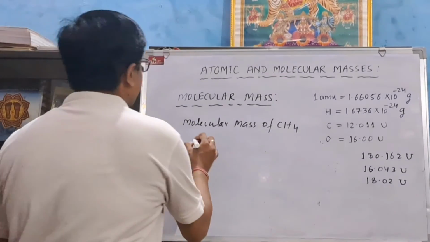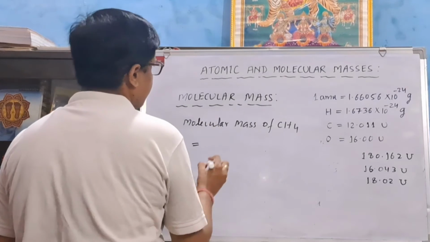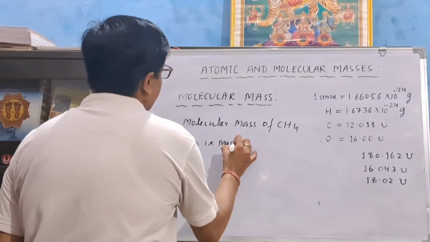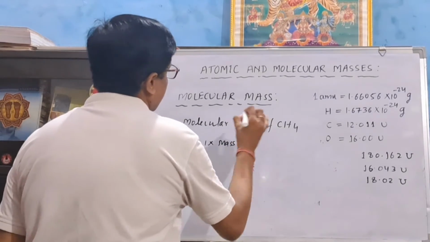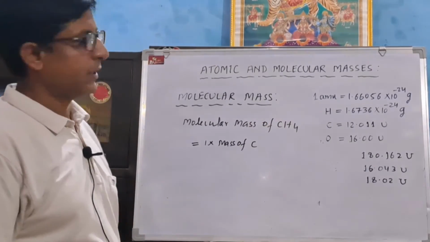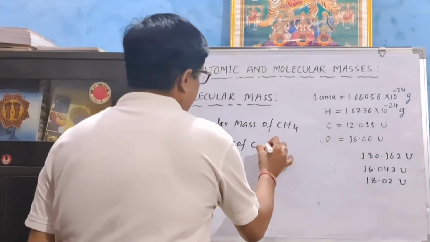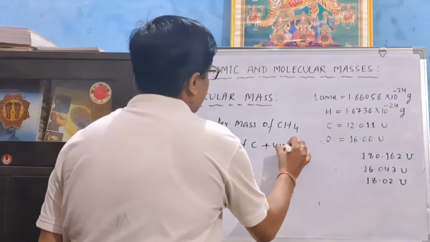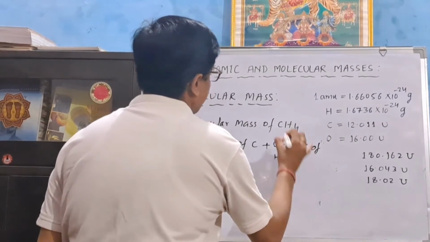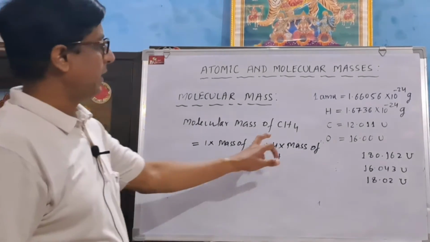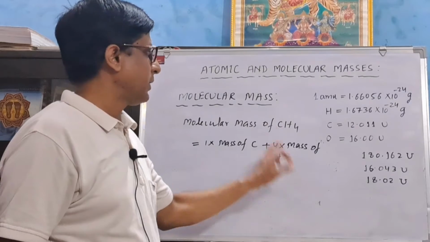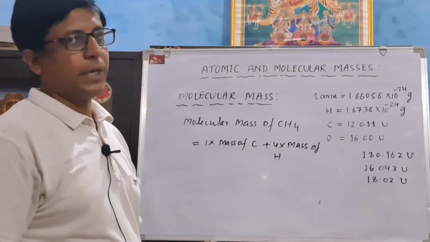The molecular mass of methane is equal to 1 × mass of carbon, since in a methane molecule there is one carbon atom, plus 4 × mass of hydrogen atom, since in a methane molecule there are 4 hydrogen atoms, so we multiply the mass of one hydrogen atom by 4.